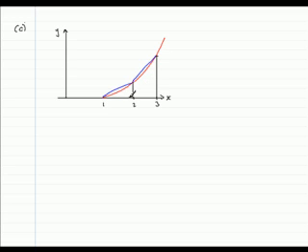However, by increasing the number of strips, so if I put in, say, a dotted line somewhere down here, when we did that strip, and we did the strip for when x was 2.5, we created 1, 2, 3, 4 more strips, and if we were to join up from here to here, and then from there to the 2, and 2 to the 2.5, and 2.5 to the 3, hopefully you can see that the tops of these trapeziums are closer to the curve, the red curve, and so they get closer to the area underneath the curve.